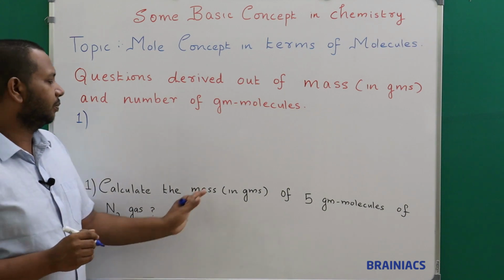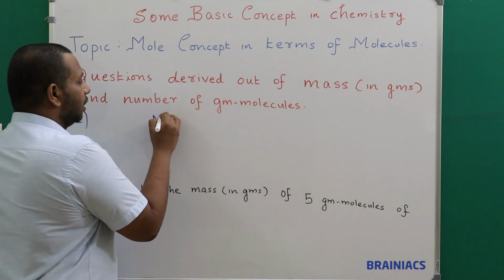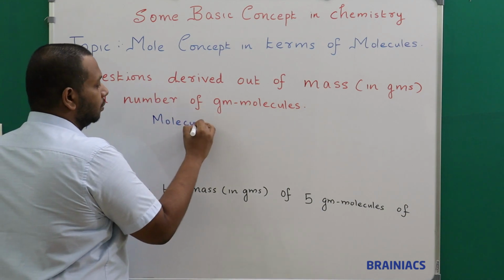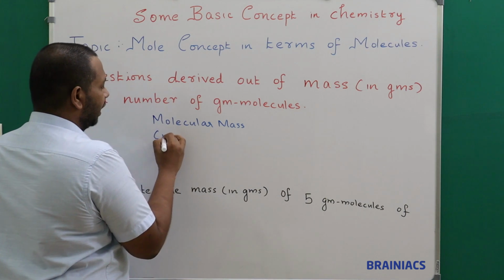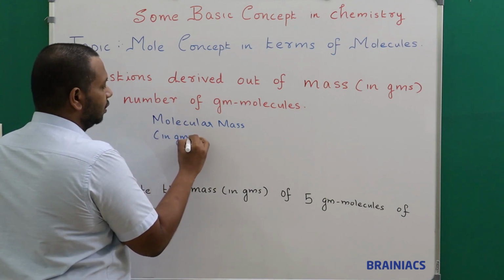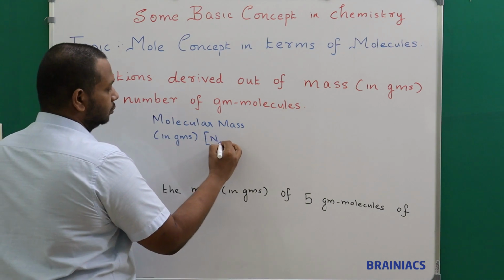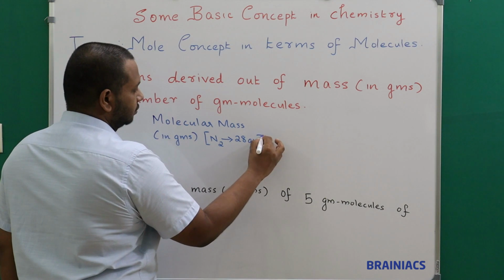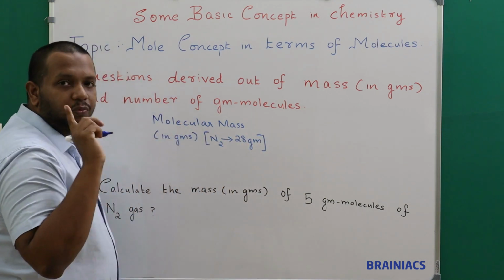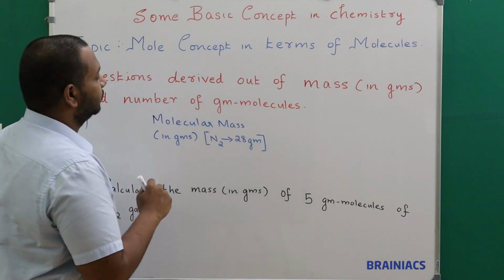What is the relationship between mass in grams and gram molecules? I know that molecular mass in grams, here nitrogen gas, so I know it is N2, that will correspond to 28 gram. Nitrogen atom is 14 gram, so N2 means 2 into 14, that is 28 gram.